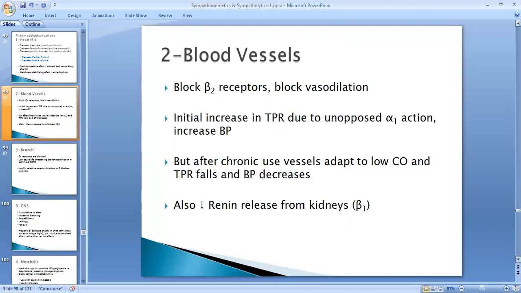But after chronic use, vessels adapt to low cardiac output, total peripheral resistance falls, and blood pressure decreases. It also decreases renin release from the juxtaglomerular cells of the kidney, where beta 1 receptors are present. But in some studies it has been found that in some people beta blockers are used and there is no change in renin level, but they decrease blood pressure. So maybe there is some other mechanism as well.